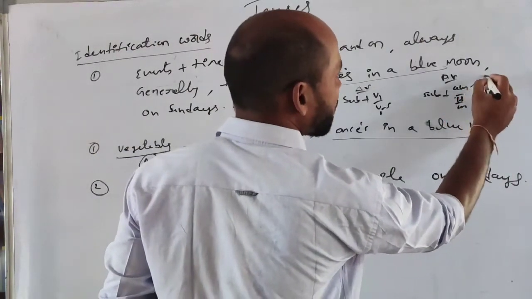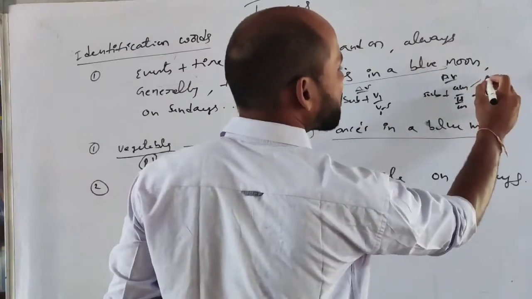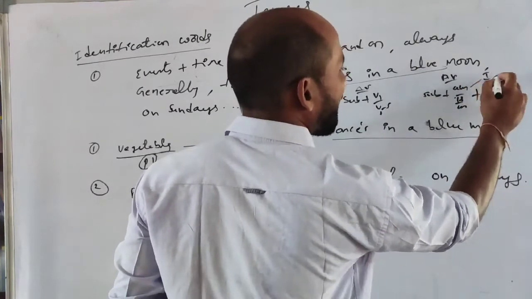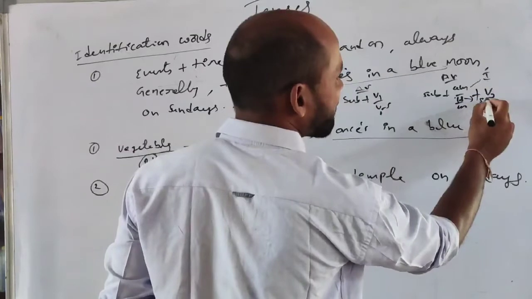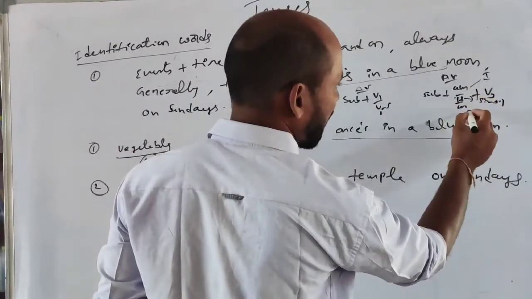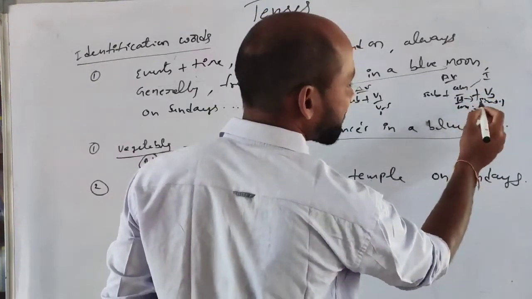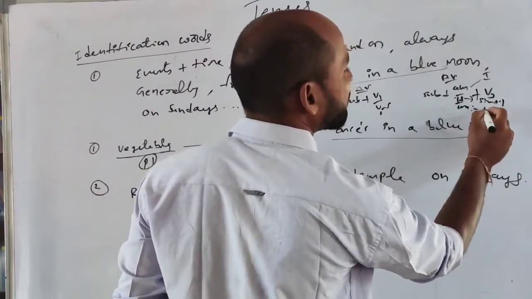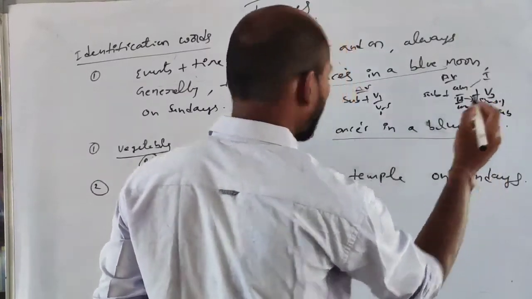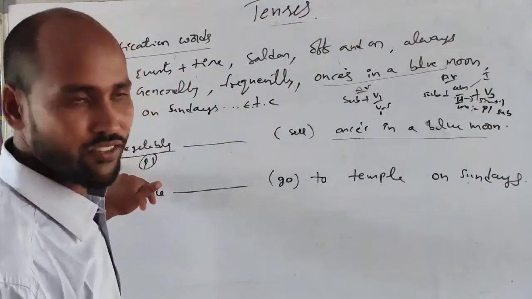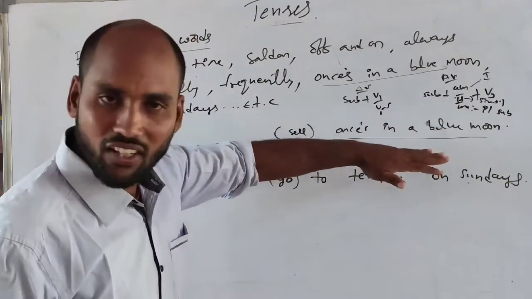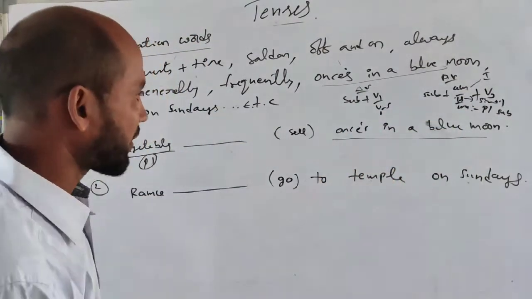Am comes after I, is comes after singular subjects, are comes after plural subjects. Here vegetables is plural, so after the subject we write are.